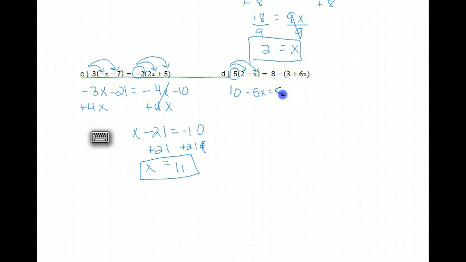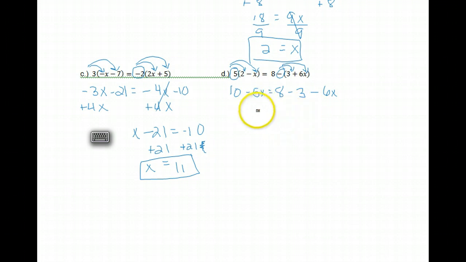On the right-hand side, we'll bring down our 8, and we will be distributing in a negative 1 to that entire quantity. Negative 1 times 3 makes negative 3. Negative 1 times 6x makes negative 6x.